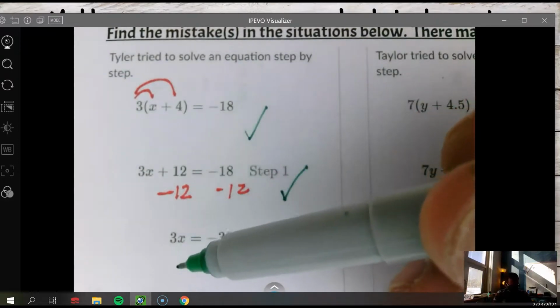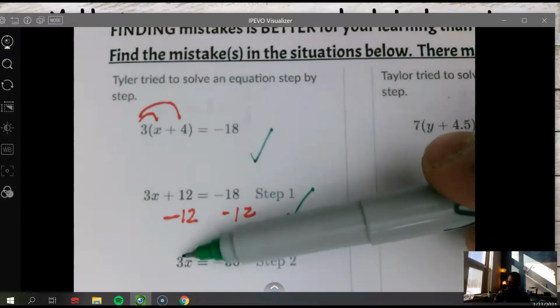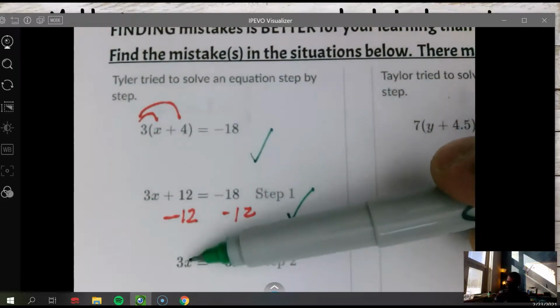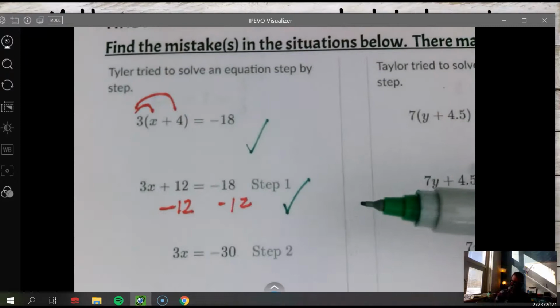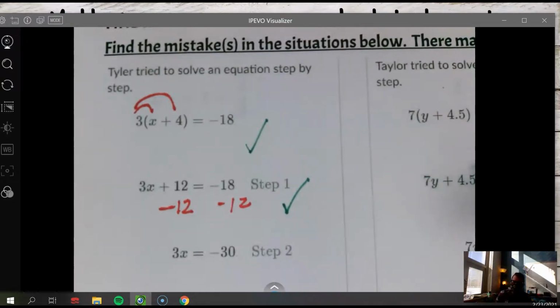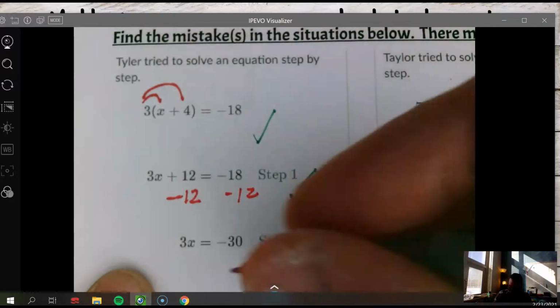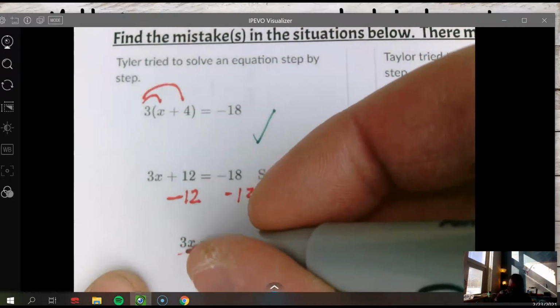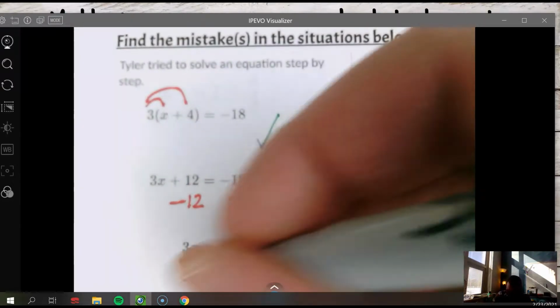Lucian, do you want to tell me what we would do to get rid of a 3 times the x? How do we get rid of that 3? What's the opposite of multiplication? Division, right? So here under here where it says 3 times x, we have to do the inverse operation and we have to divide.